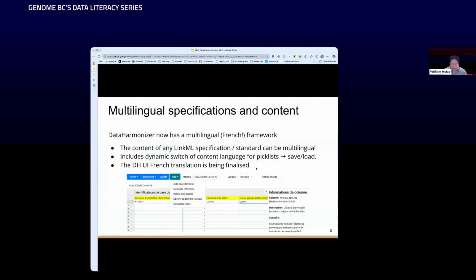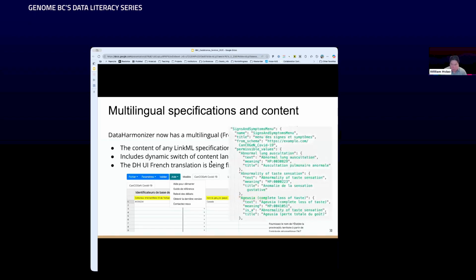And here's an example showing that because the underlying data structure is machine readable, we can relatively easily introduce a different language and allow the same interface to be used, in this case for French, to satisfy the two official languages in Canada. This is just showing you the underlying data that's mapping between English and French.